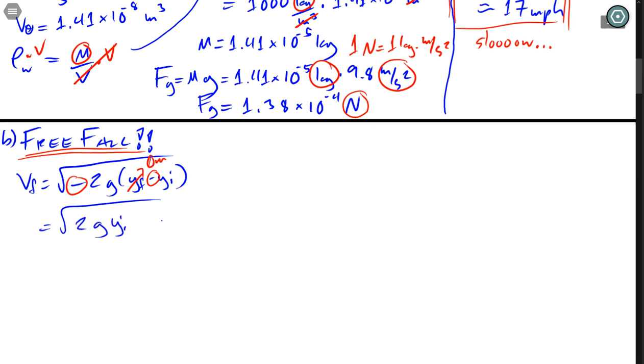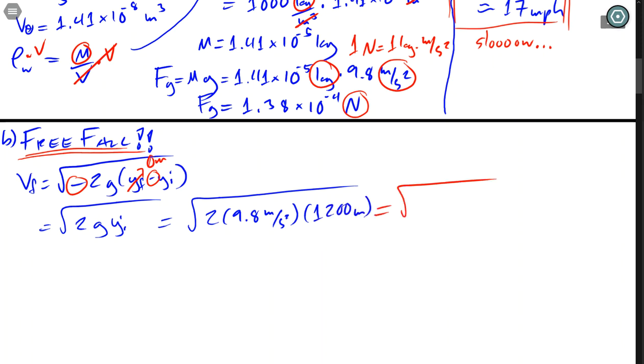Okay, so that results simply in 2 times 9.8 times our initial height. And take note that our units also resolve as well. You have meters per second squared times meters essentially over 1, and I get meter squared per second squared, the same thing that I got above.